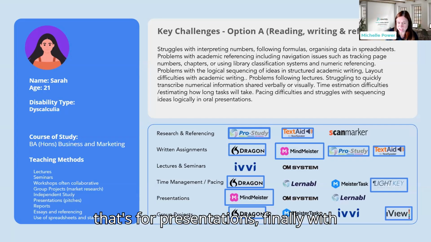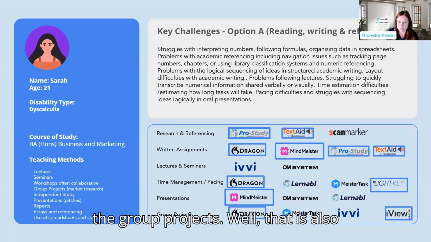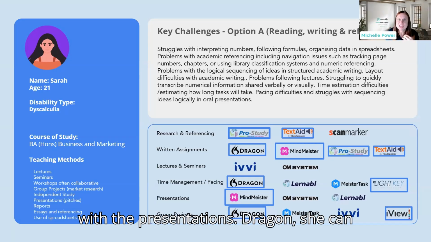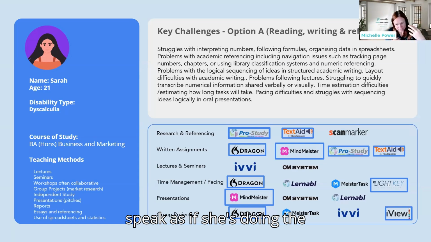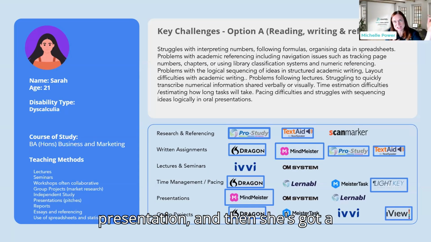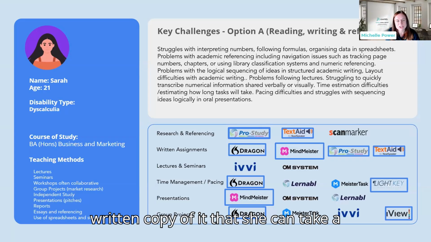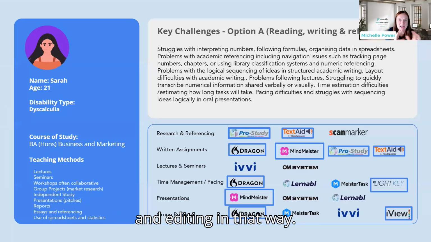So that's for presentations. Finally, with the group projects, well, that is also with the presentations. Dragon, she can speak as if she's doing the presentation, and then she's got a written copy of it that she can take a look at to help with structure and editing in that way.